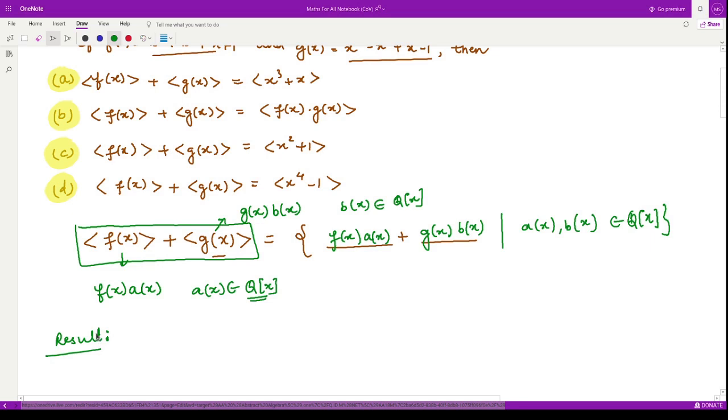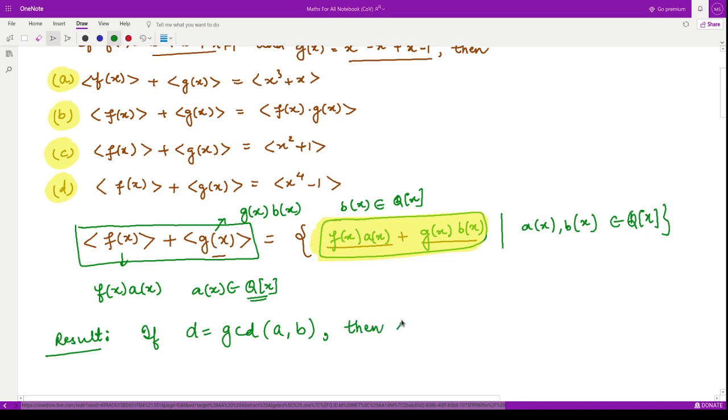Now there's a result. You can regard this thing as some polynomial, say d(x). We have a result that if d is the GCD of any two elements a and b, then there exist x and y belonging to Z such that ax plus by equals d.